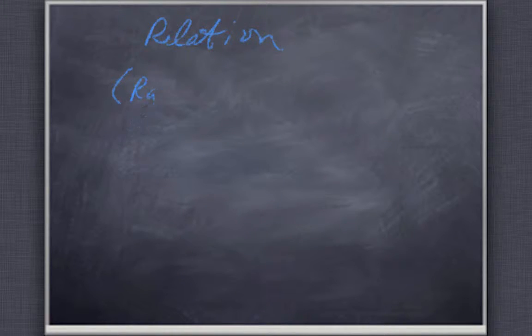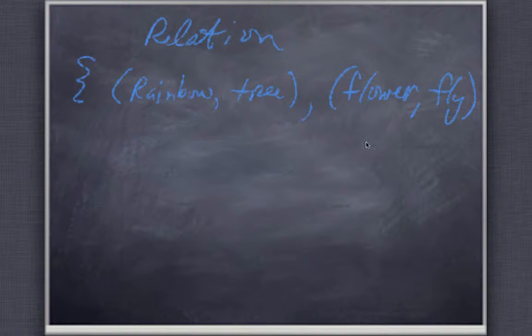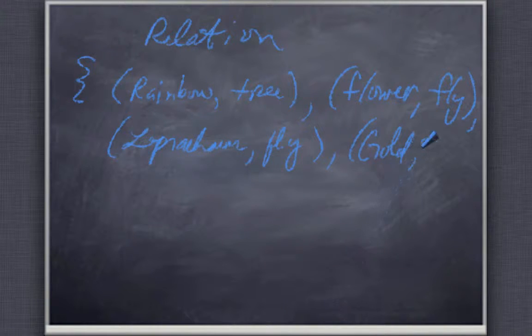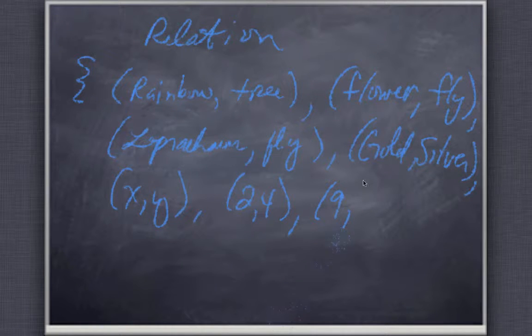So you could write rainbow, tree, flower, fly, leprechaun, fly as well, gold, silver, x, y, 2, 4, 9, 3 halves. Any set of ordered pairs is a relation.